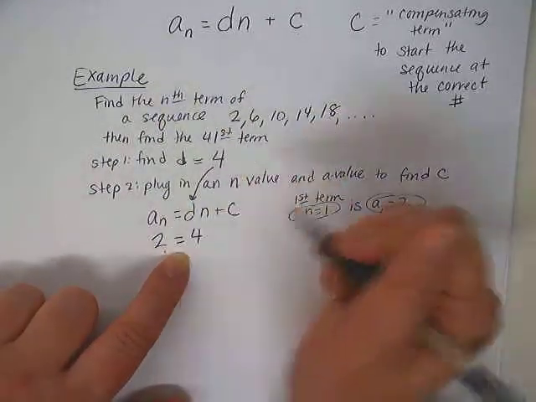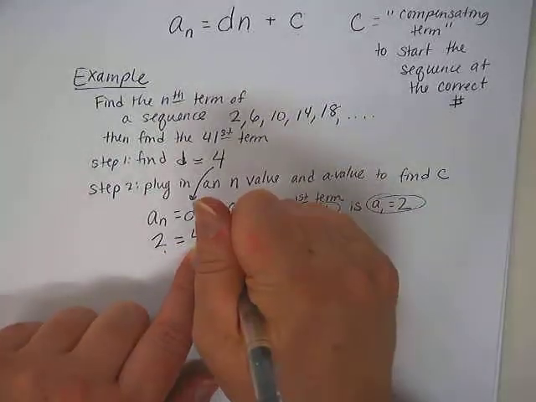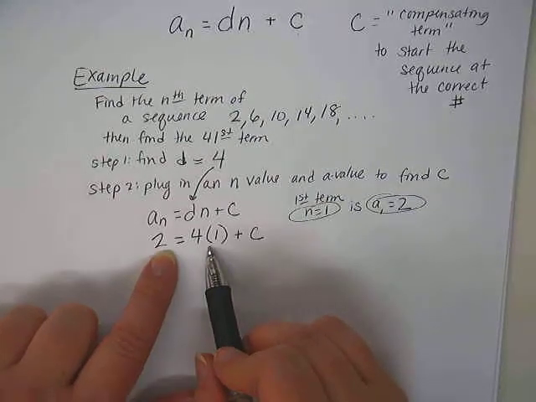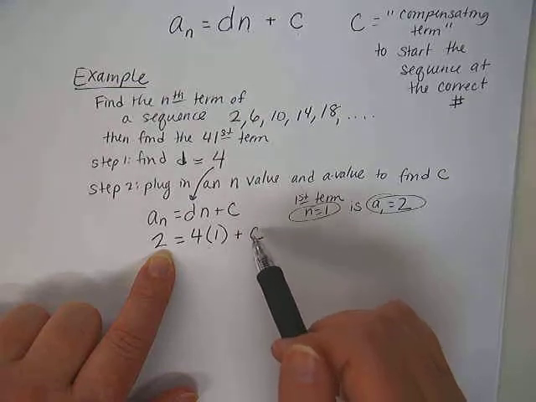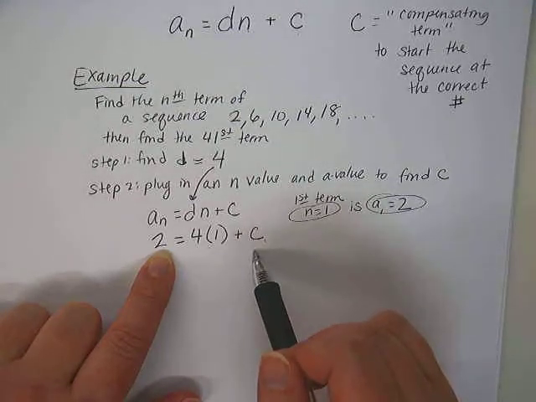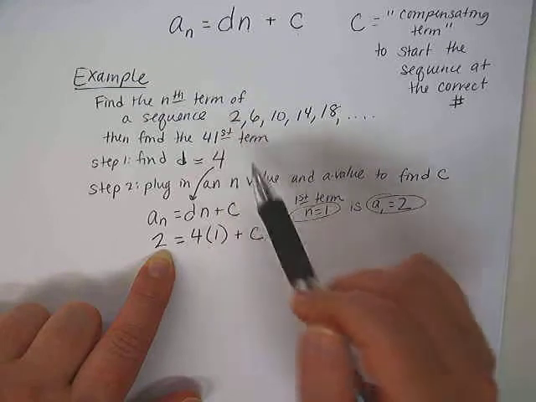So what am I actually plugging into this formula so that I can find C? I'm plugging in the number 2 because that's the first number of the sequence that I would need to get when I add 4 each time and I want the first number. So what number C do I have to add to 4 to end up with 2 as the first number?